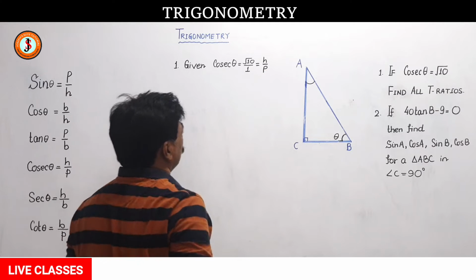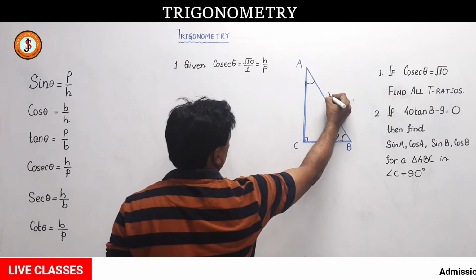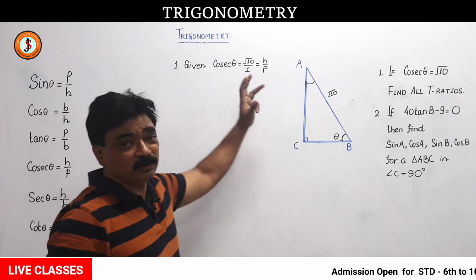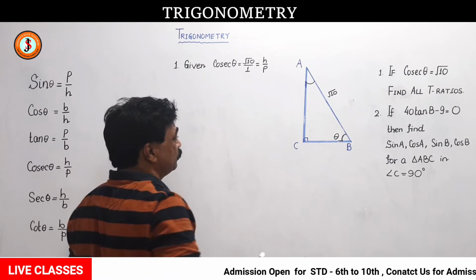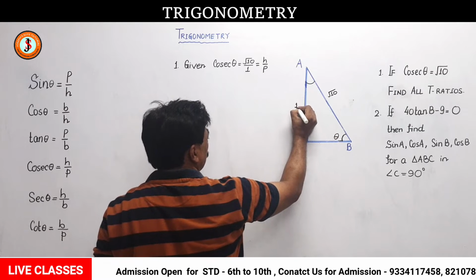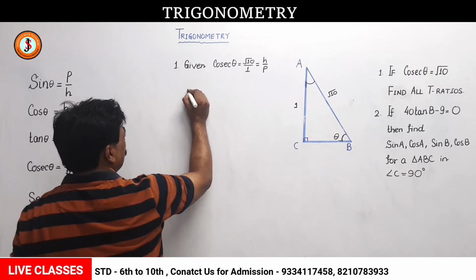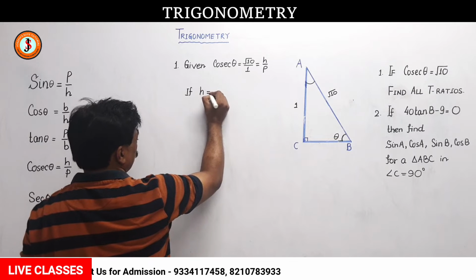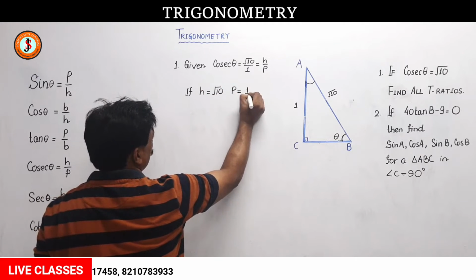So what is perpendicular and what is hypotenuse? This is hypotenuse. Because it's a ratio, there must be a common factor, root 10x by 1x. If I cancel out that common factor, then our hypotenuse is root 10 and our perpendicular is 1 unit.